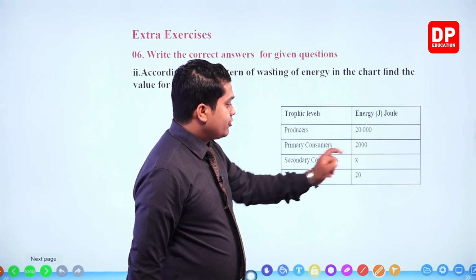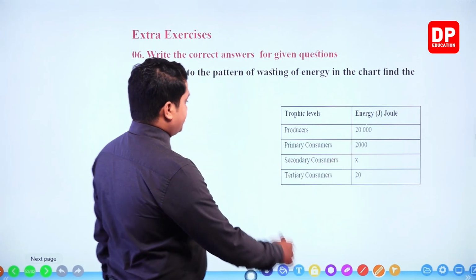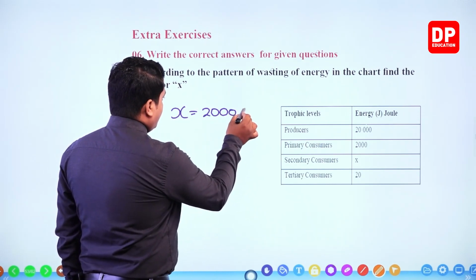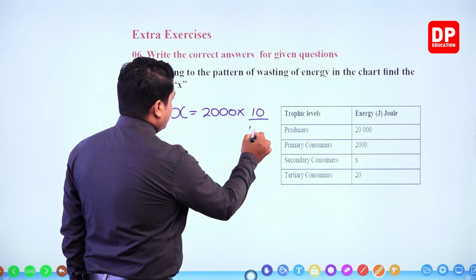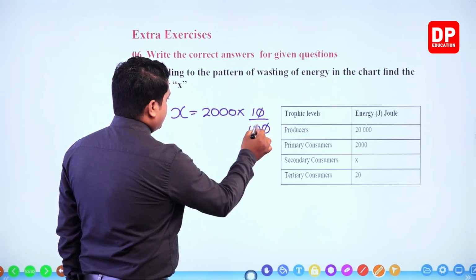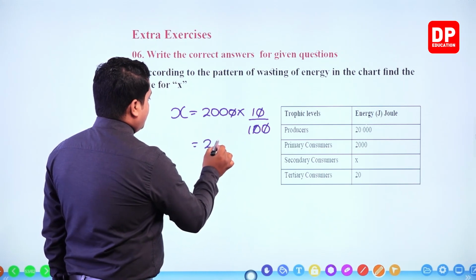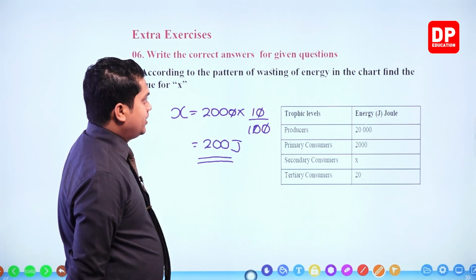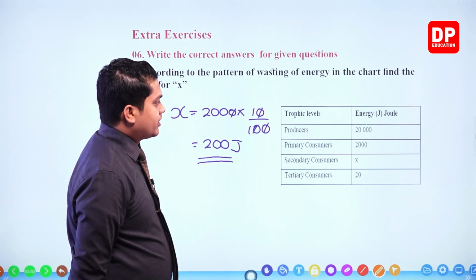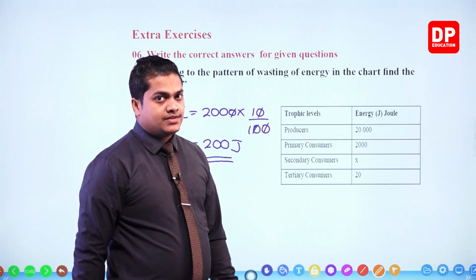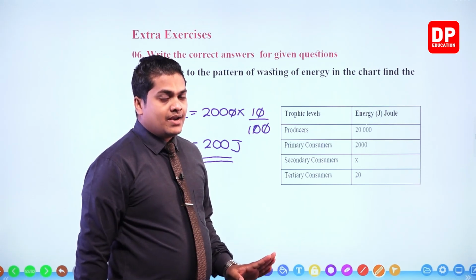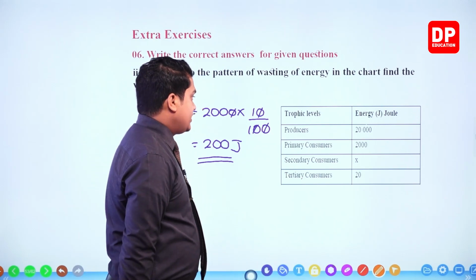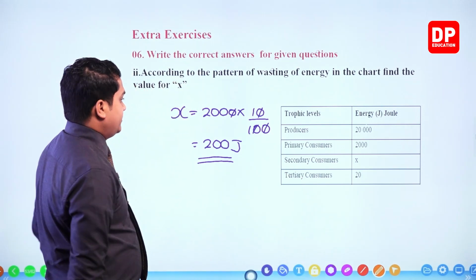So 2000 into 10% is equal to X. So X is equal to 2000 multiplied by 10%, which is 200 joules. Or else by using the pattern you can get this answer. However, remember only 10% of energy is getting transported to the next level. Okay, right, 200 joules is the answer then.